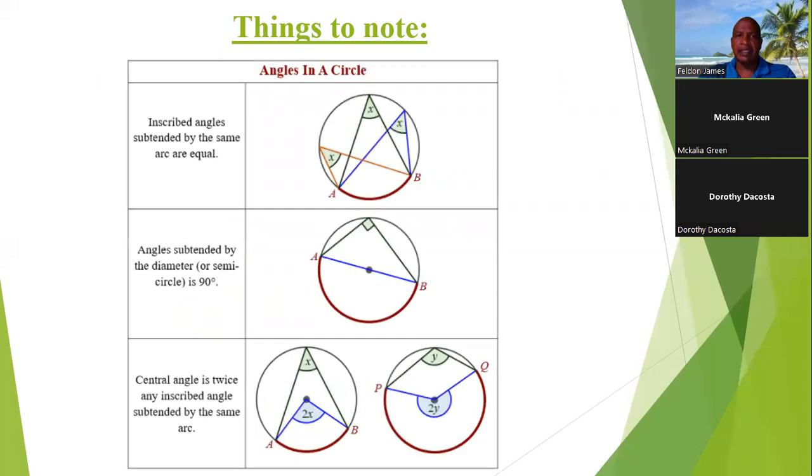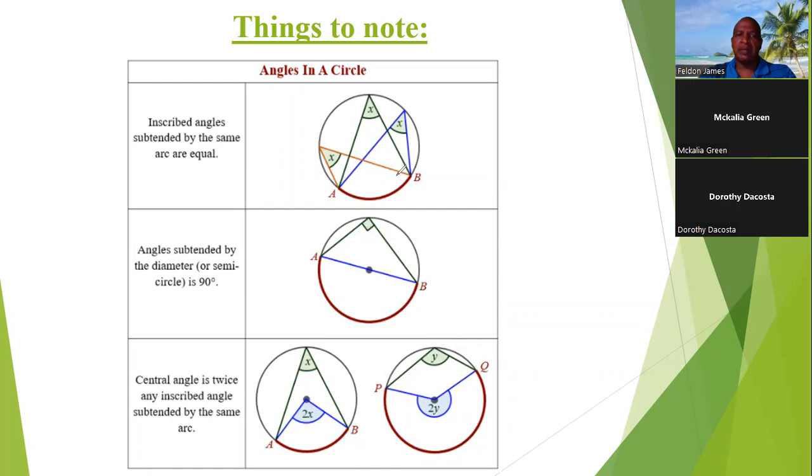All right, here are some things to note. These are somewhat recapping some of the theorems that we have just looked at. Now, you would have remembered this theorem.